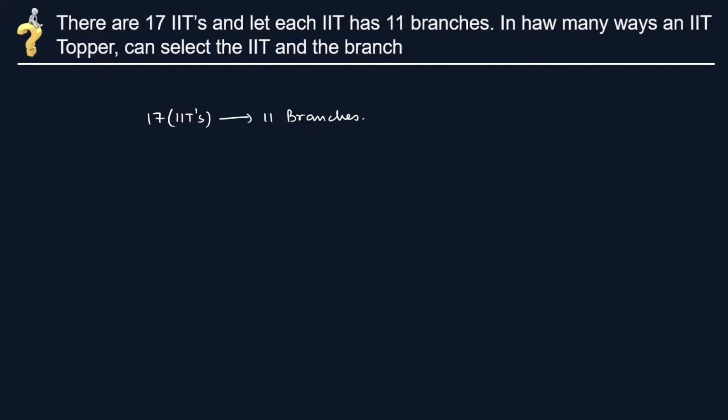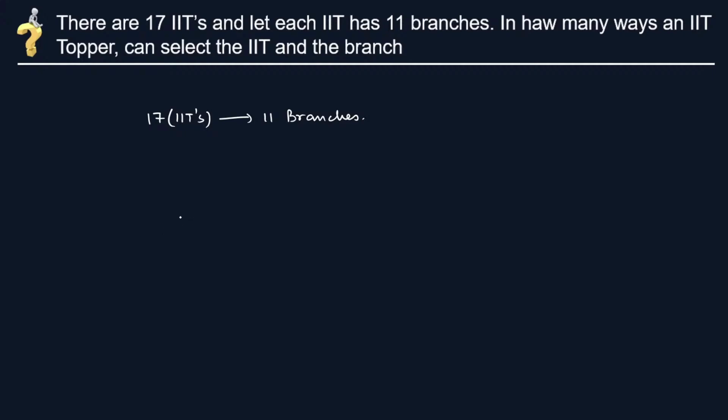Now the question is, an IIT topper is allowed to select any IIT, and in that IIT he is allowed to select any branch. So in how many different ways can the IIT topper select the IIT and the branch?